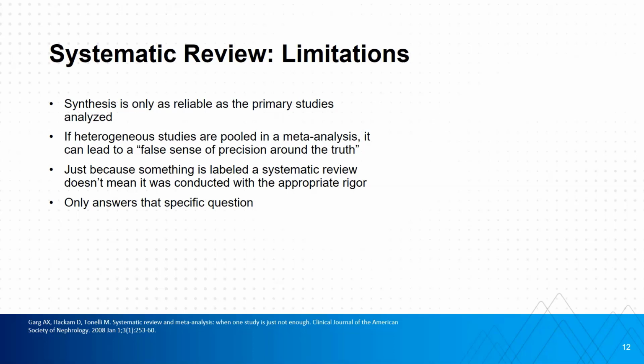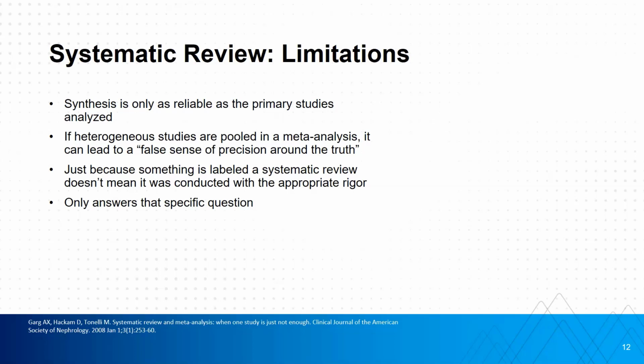And this is just something to know about in general. Just because something is labeled a systematic review doesn't mean that it was conducted with the appropriate rigor. So you should always look at the methodology of the systematic reviews that you are reading, just to make sure that they did indeed follow these steps that I've just outlined.